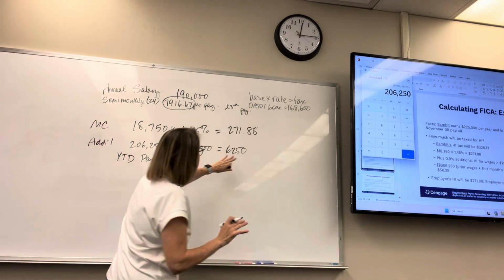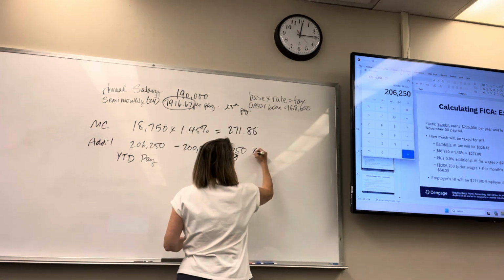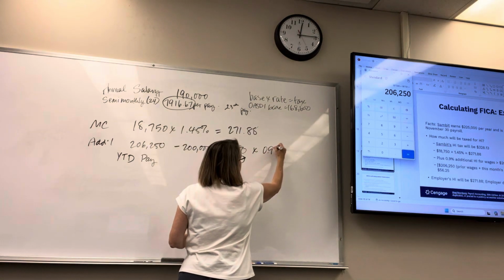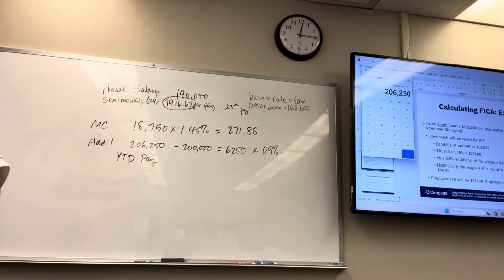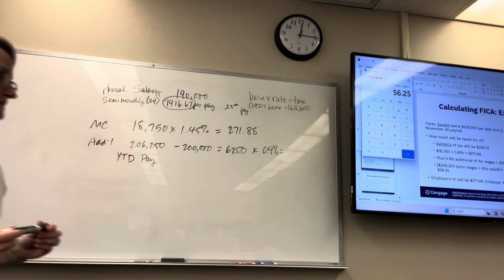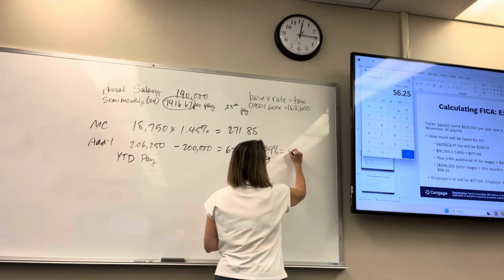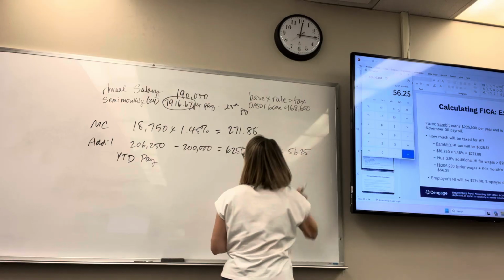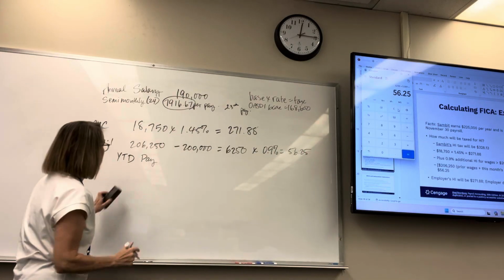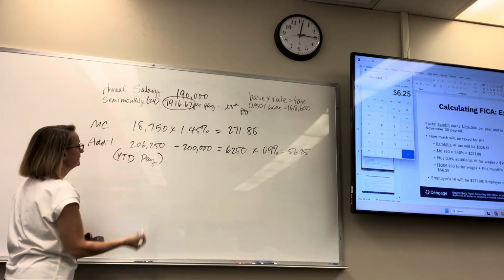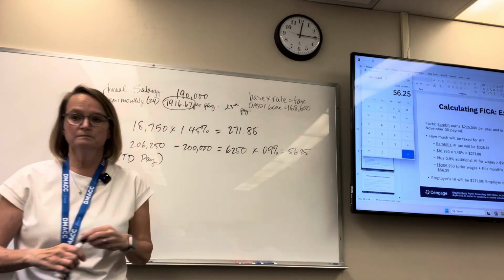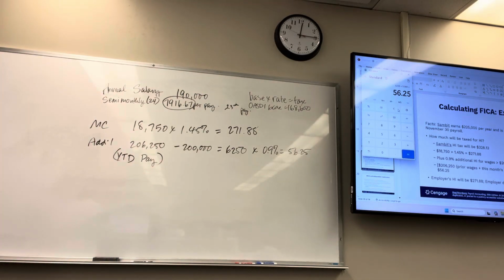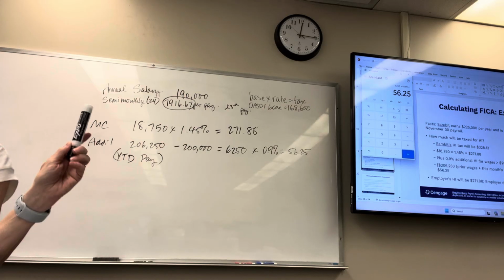All right, so 6,250 times 0.9%, 56.25. The employer, remember, does not match that.